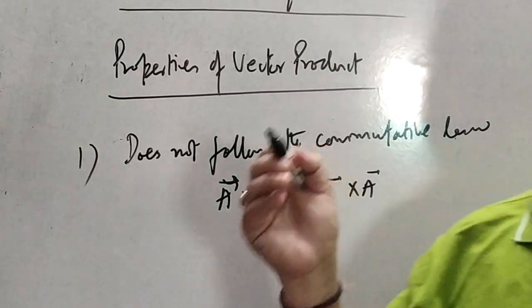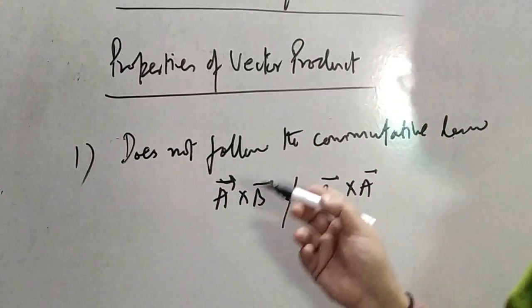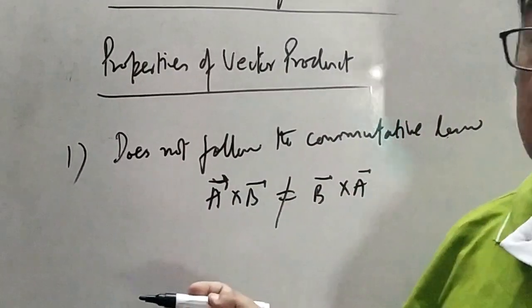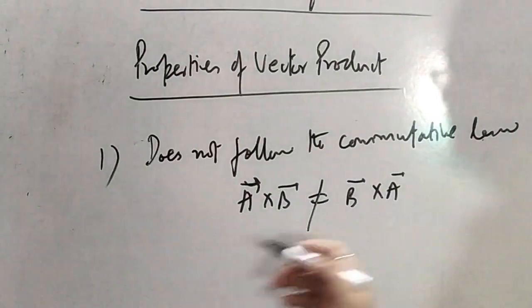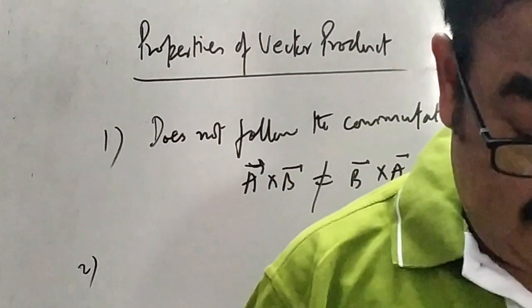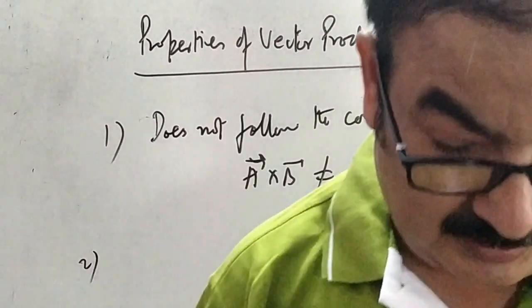Previously, I have said in case of scalar product, A dot B equal to B dot A. But in case of vector product, we always have A cross B does not equal to B cross A. This is your first rule. Okay. The second rule is that it is distributive over addition.